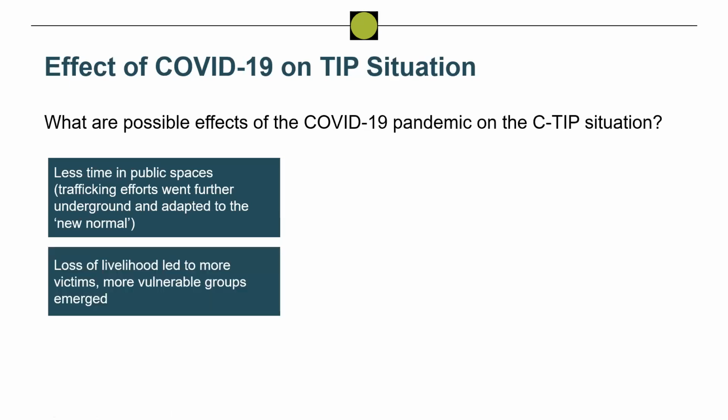There was loss of livelihood. And I've said previously that there were increased or more vulnerable groups that emerged. And as a result, these vulnerable groups become targets of trafficking.